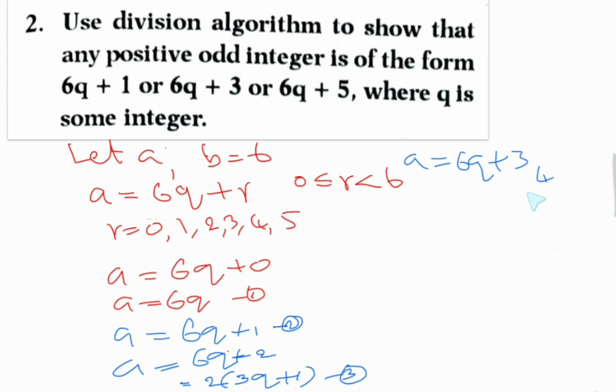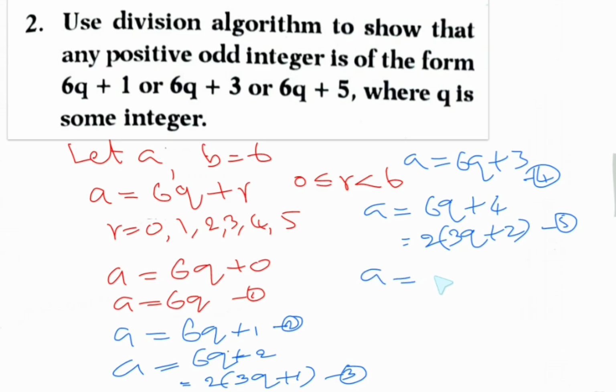And a is equal to 6q plus 4, that means 2 into 3q plus 2. This is number 5. And a is equal to 6q plus 5. This is number 6.